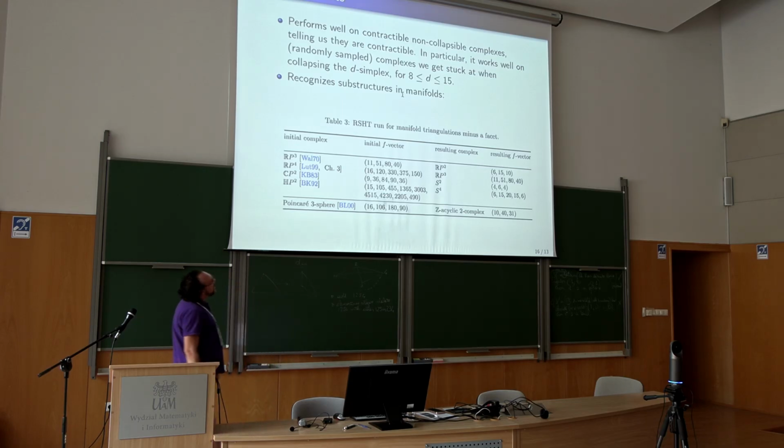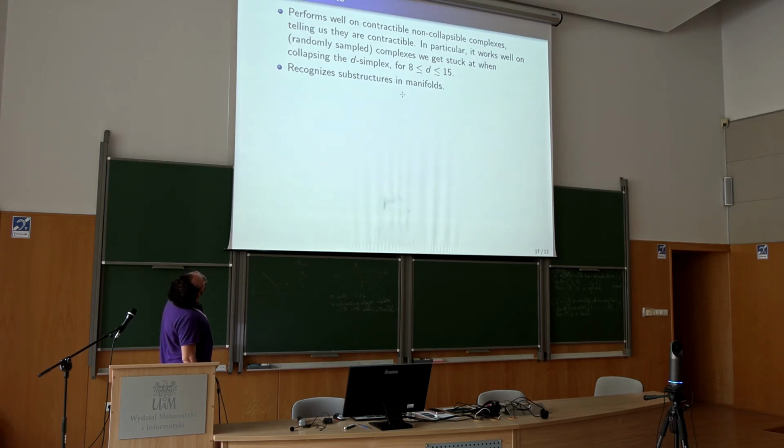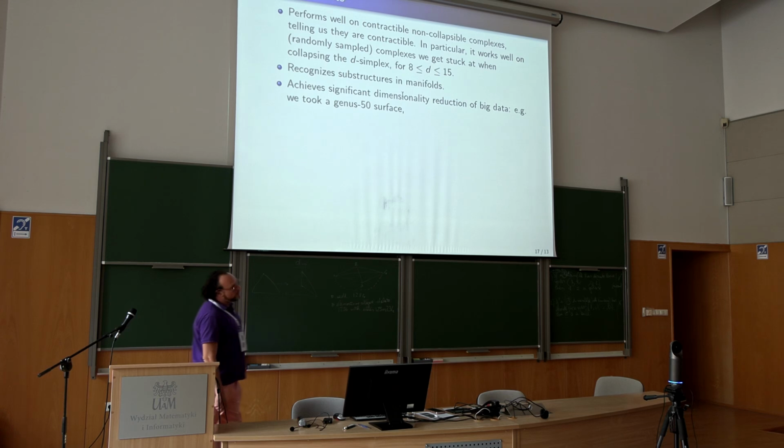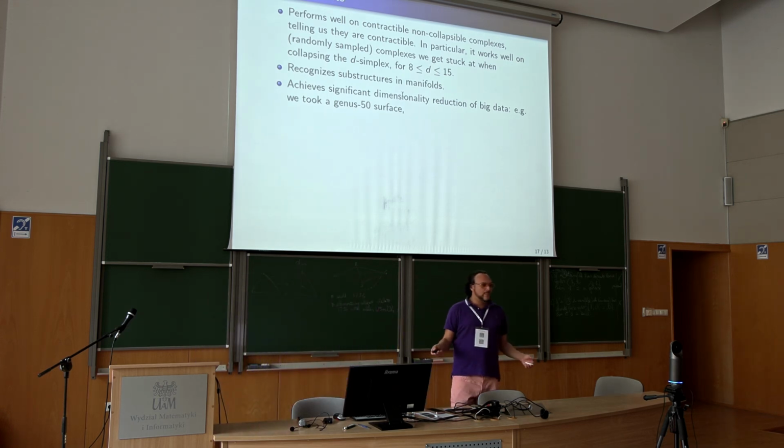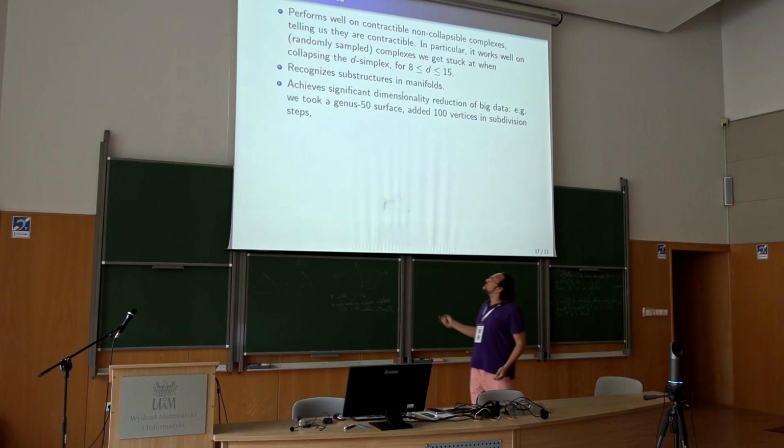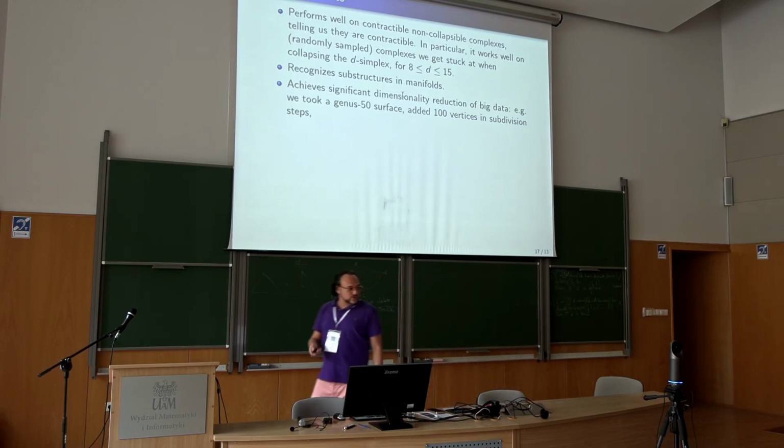We have one example, which is as follows. We took a surface of very large genus, and now we thickened it. We tried to manipulate it in a way that made it more combinatorially complicated while remaining topologically trivial. The way we did so is as follows. We added random vertices with subdivisions.